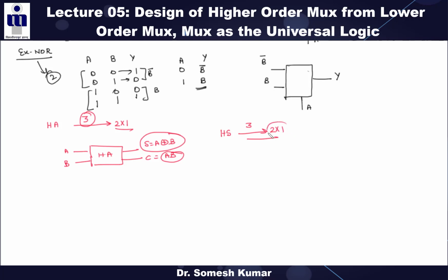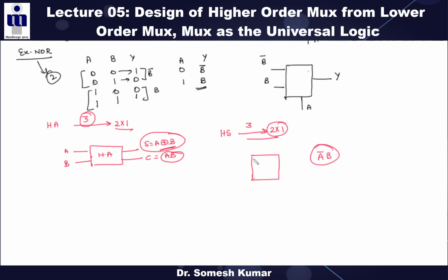First design the XOR gate using 2:1 mux, and after that design A bar B. So this is your half subtractor.